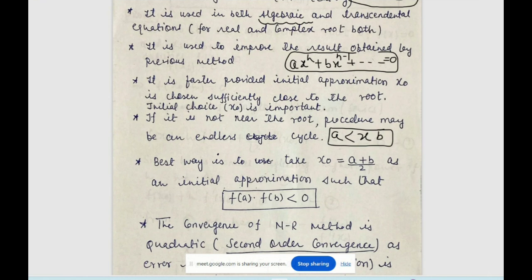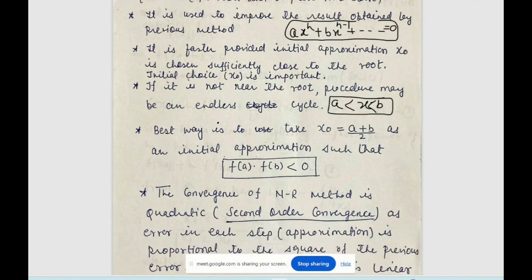This x0 may be the mid value, or you can choose x0 as a or as b, or you can take any value in between a and b, or you can just bisect it. Bisect means you can find the mid value by using the formula (a plus b) by 2. In this way you start with the initial approximation, and then you can start the NR method.